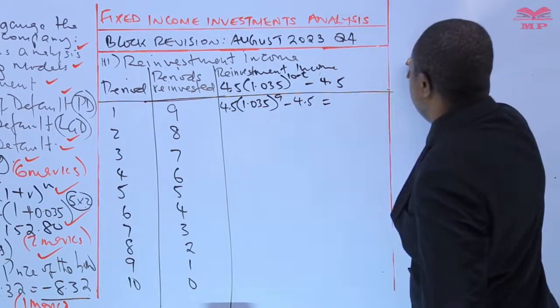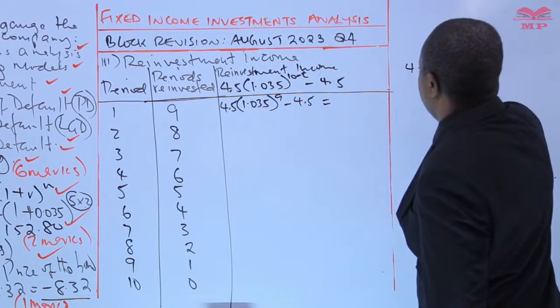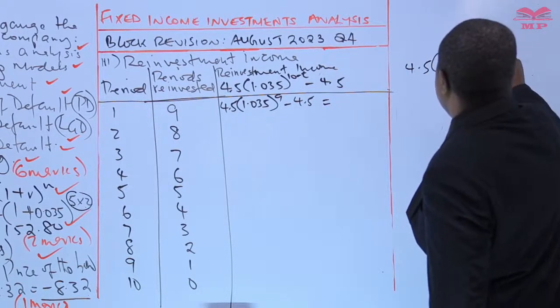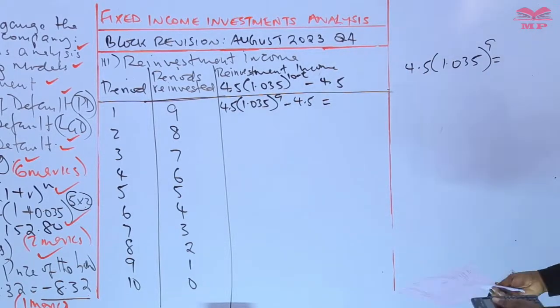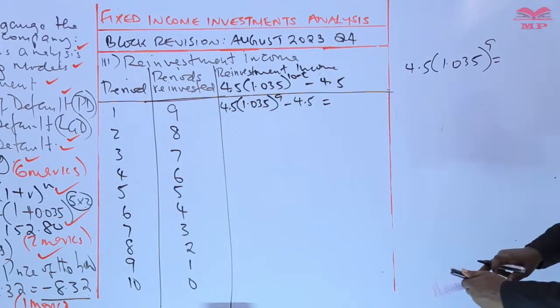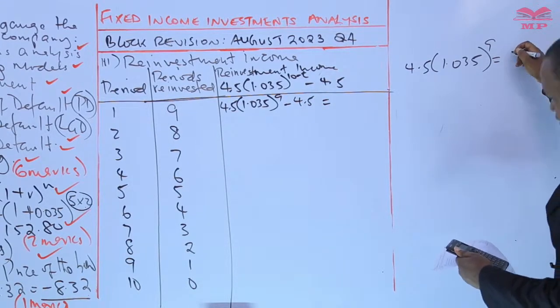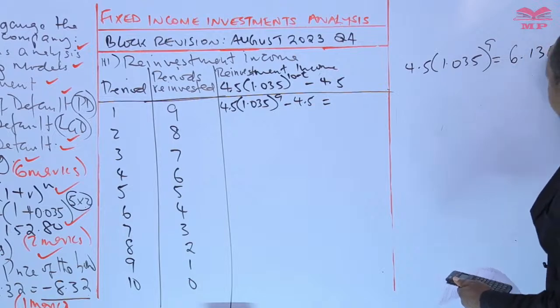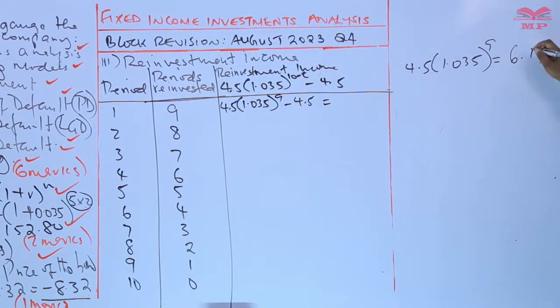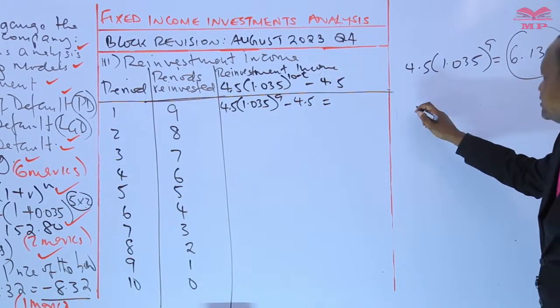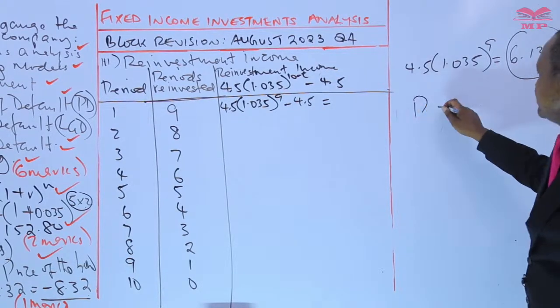We compound 4.5 by 1.035 raised to 9, and when compounded we get 6.133. This 6.133 combines the principal plus the interest.